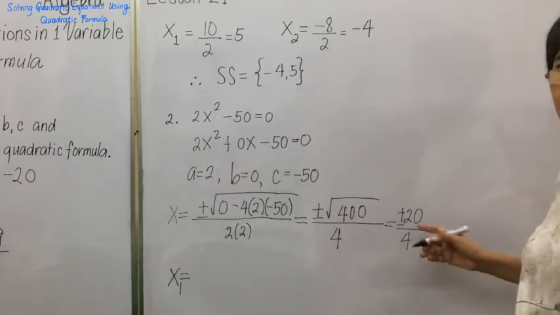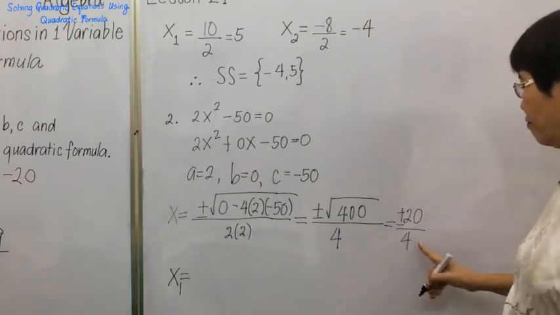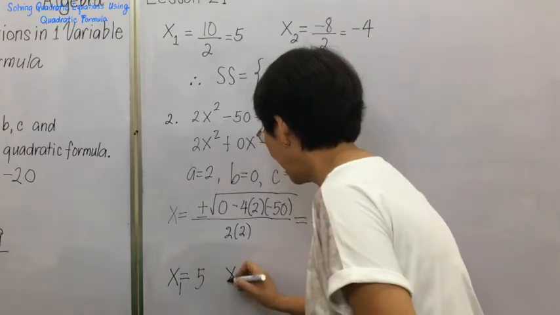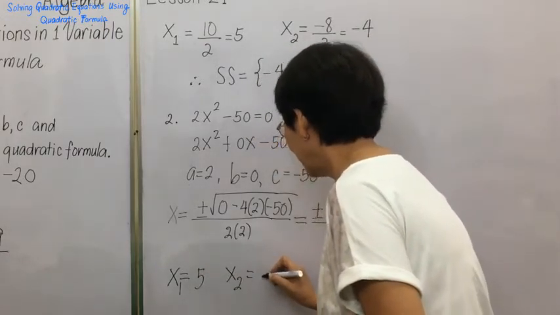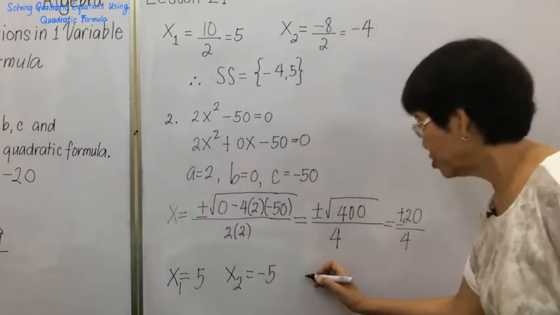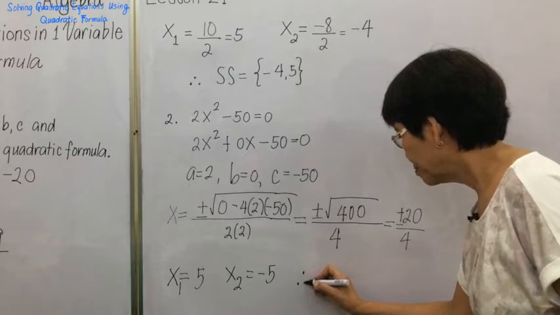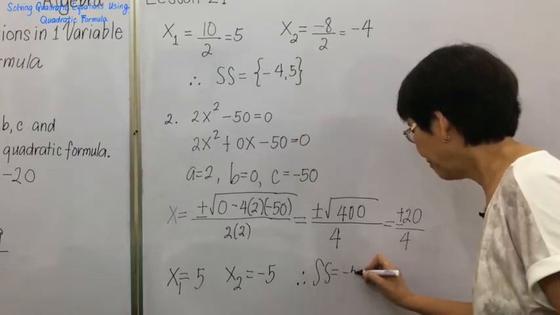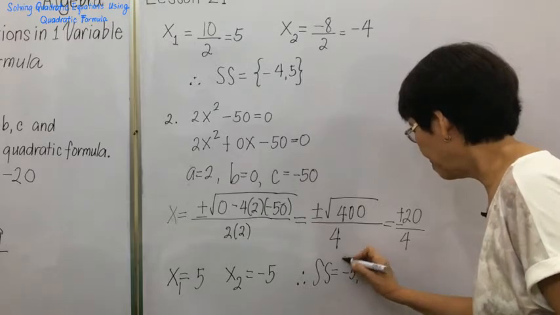X sub 1 is equal to 20 over 4, 5. And x sub 2 is equal to negative 5. The solution set is negative 5, 5.